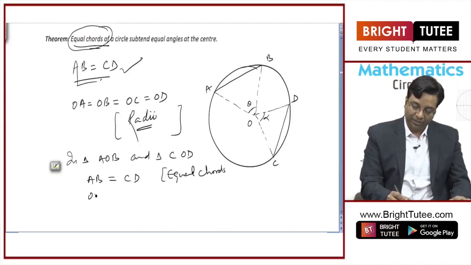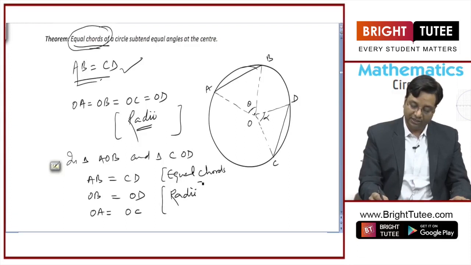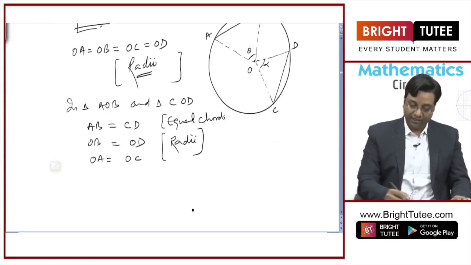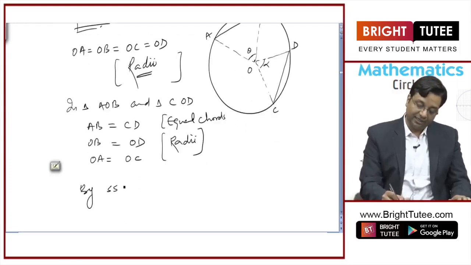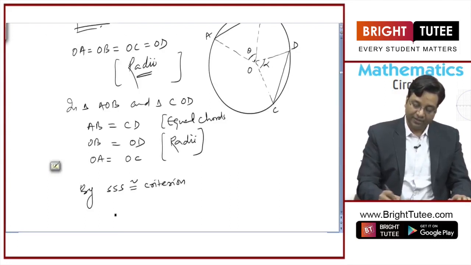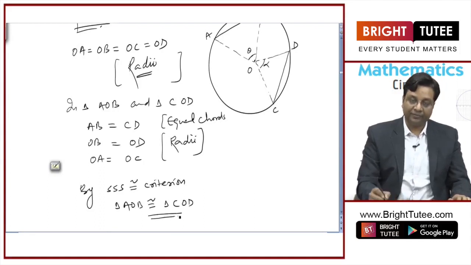OB is equal to OD and OA is equal to OC, because these are radii of the same circle. So by the side congruency criterion, triangle AOB is congruent to triangle COD.